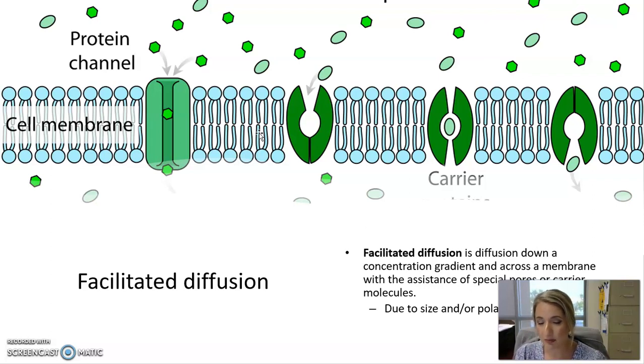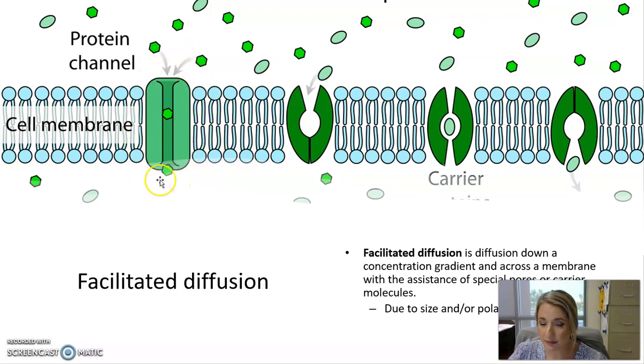Smaller molecules and molecules that don't have a charge can just go through regular diffusion and squeeze right through the phospholipids in the cell membrane. But larger molecules and molecules that have a charge are not able to do this. So they need to be carried through some type of protein carrier.